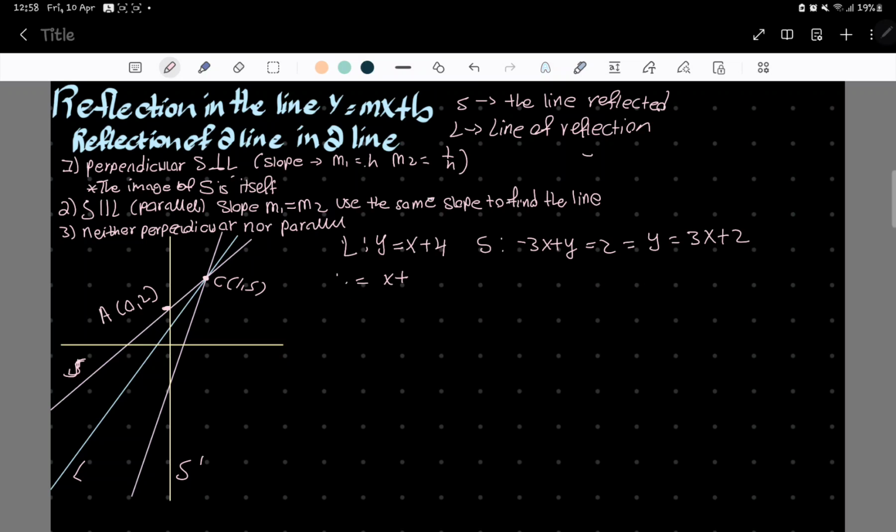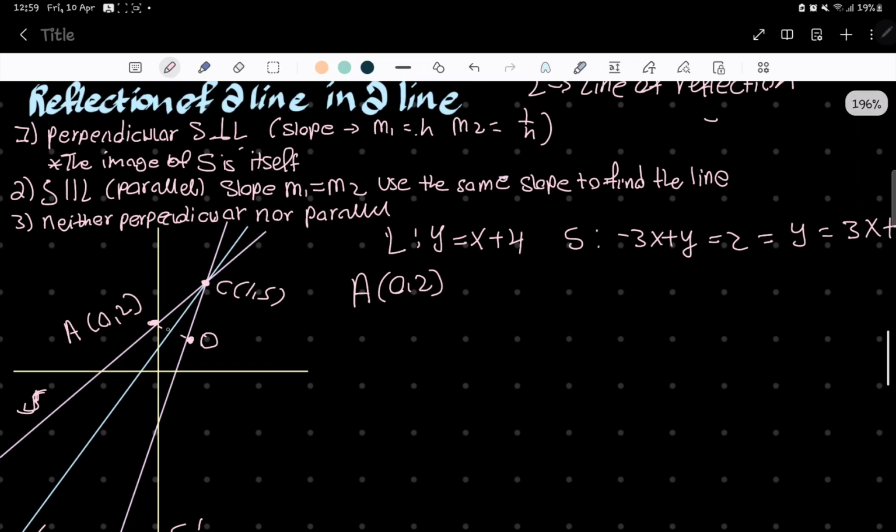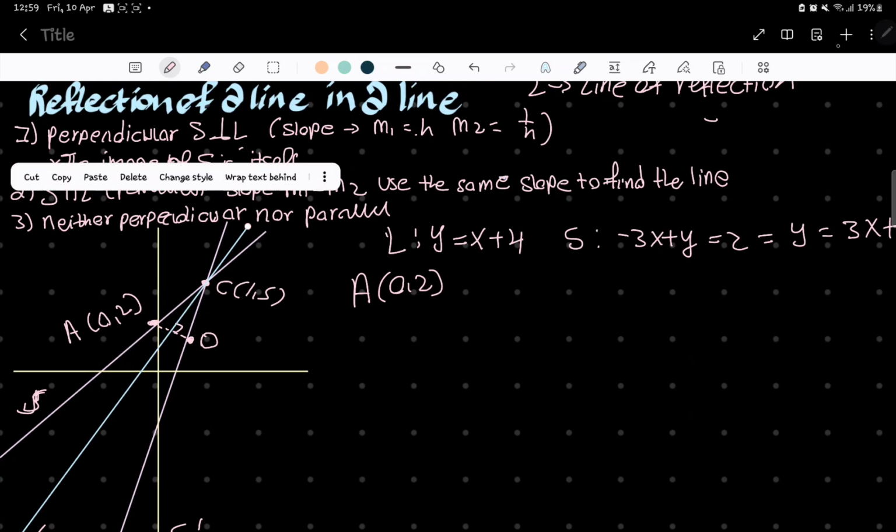As we saw in the last video, we reflected a point, so we're going to do the same thing here. We draw a broken line from here to here, which is our reflected point. Let's call this line D, and it is perpendicular to the line of reflection.